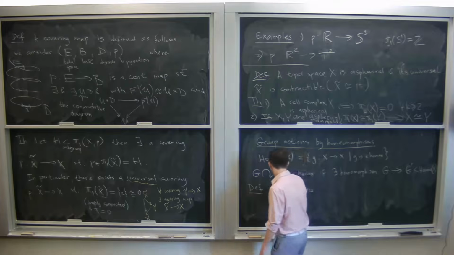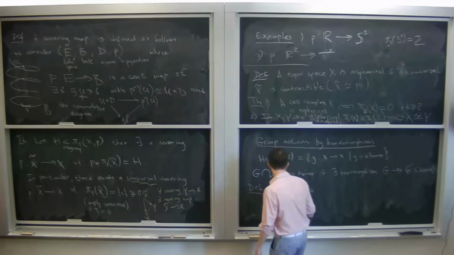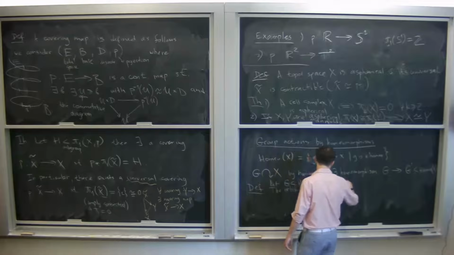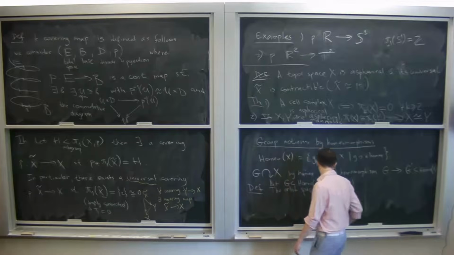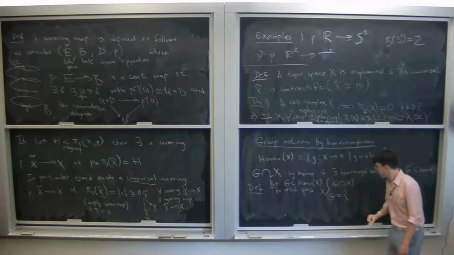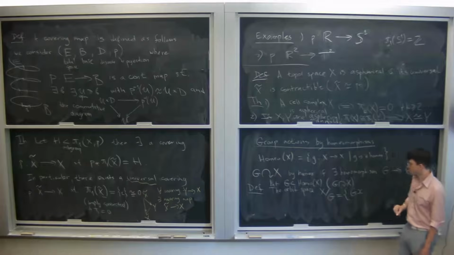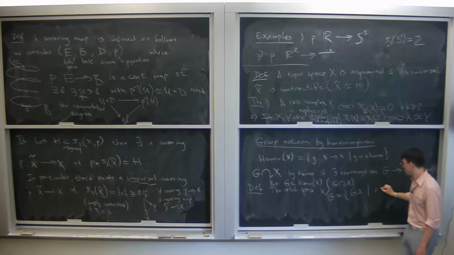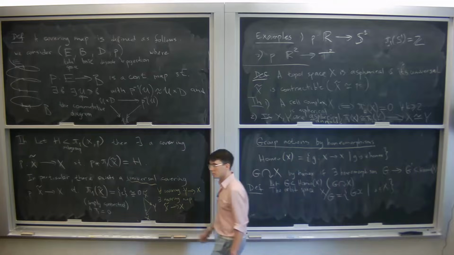Sorry, I missed it, but let G be acting by homeomorphisms on X. Then the orbit space X mod G is the space of orbits Gx, where x belongs to X. So this is our quotient space.